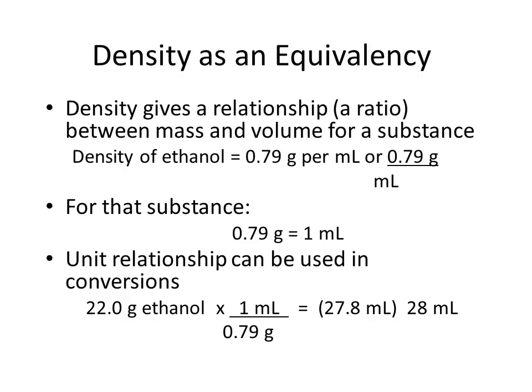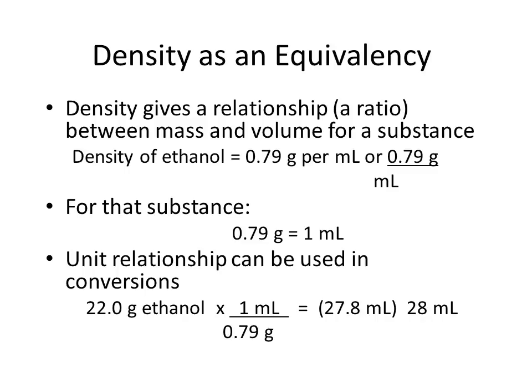Notice right here the density of ethanol is 0.79 grams per milliliter. Because per means divided by, I can express it like that. That looks just like a conversion factor, doesn't it? It is a conversion factor. I can take that and turn it over and it will still be an equivalency statement, because these two things are equal to each other for that substance.